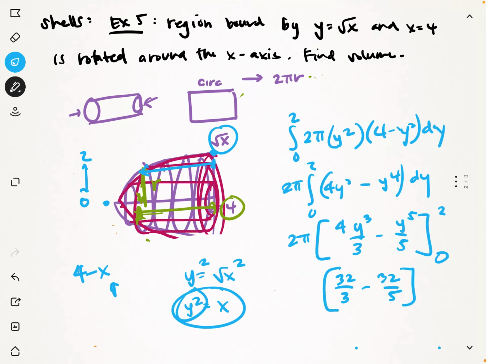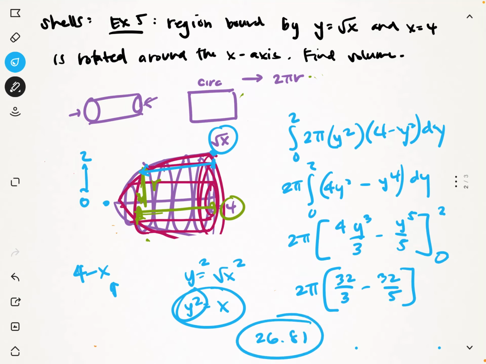And then when we plug in 0, we get 0, right? So we don't have to subtract it. So we get 2 pi times 32 divided by 3 minus 32 divided by 5, which is going to be 26.81.